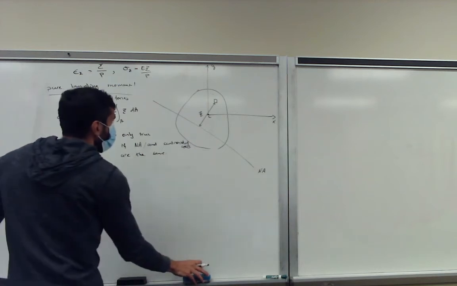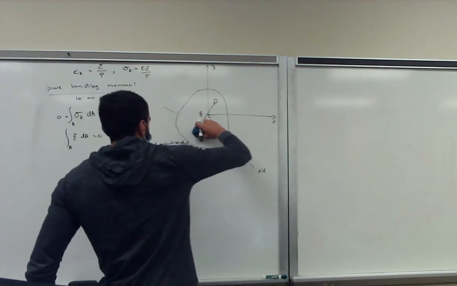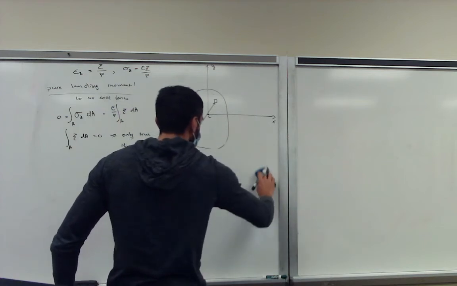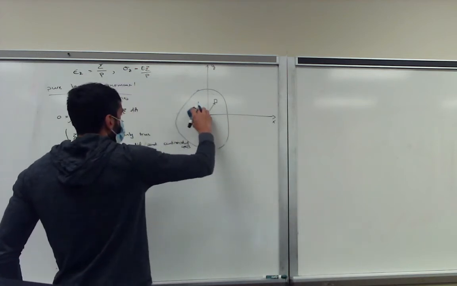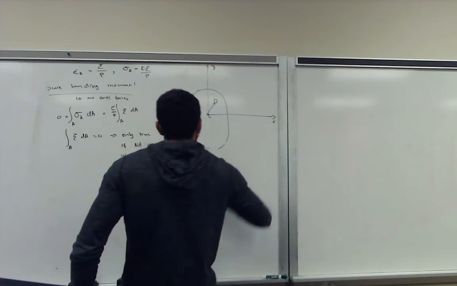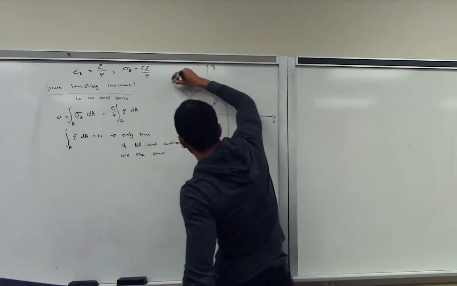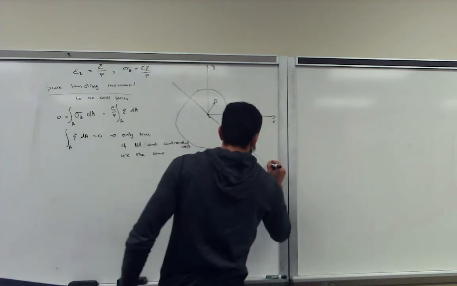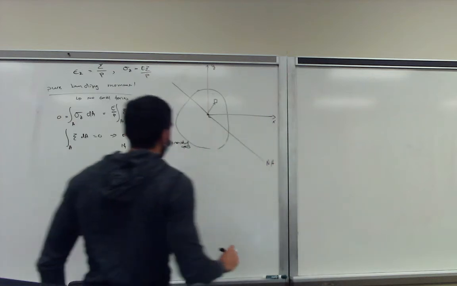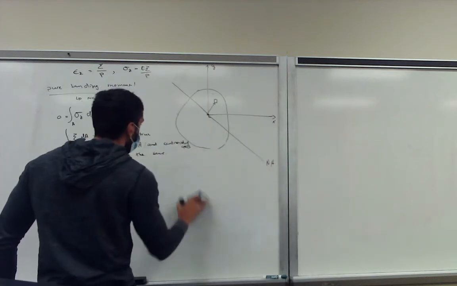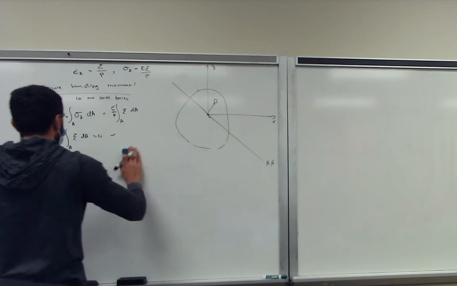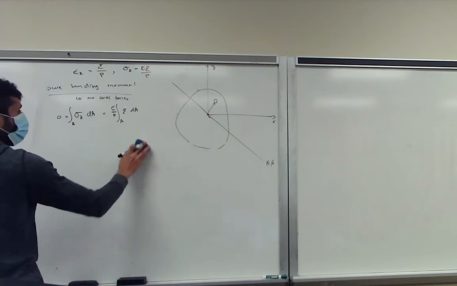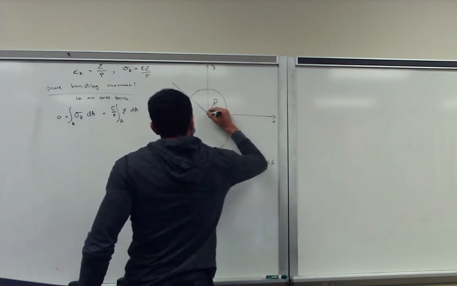So we can redraw our figure a bit. What we know for this to be true, since we have pure bending, is that our neutral axis is coinciding with our centroidal axis. So we know that this is true now, and this simplifies our life a bit.